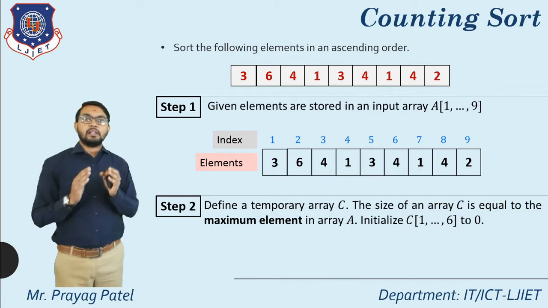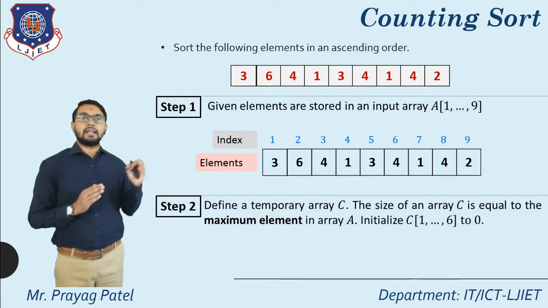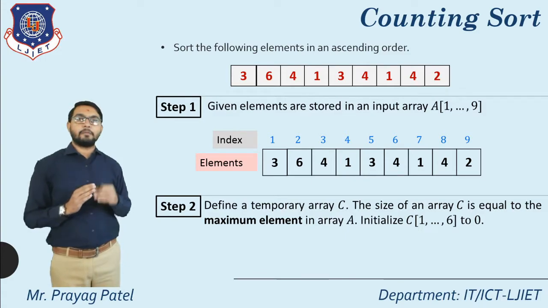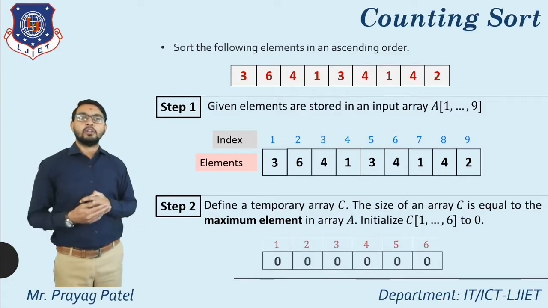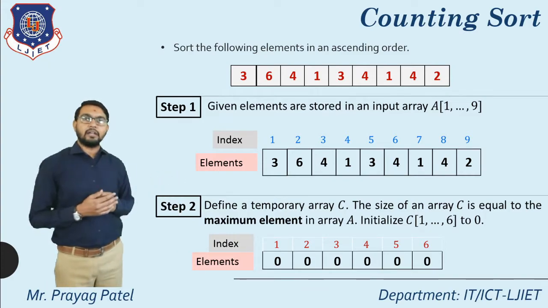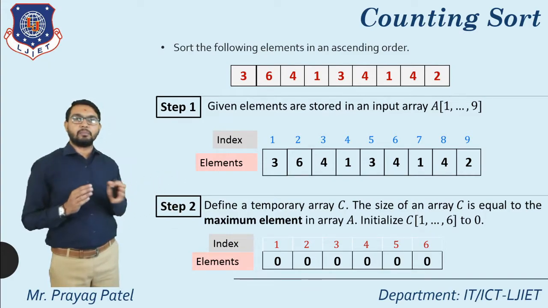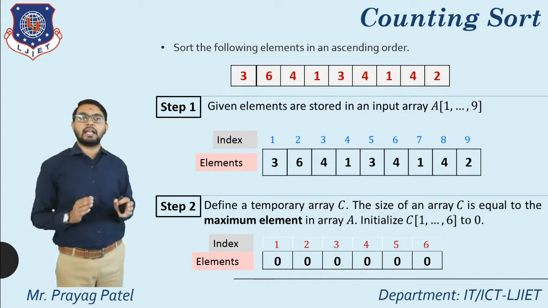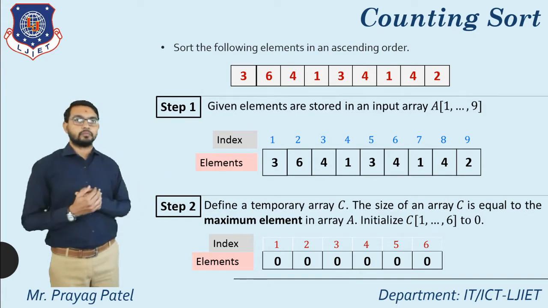So the size of array C is 6, from C of 1, C of 2, up to C of 6, and initially C of 1 to 6 are all set to 0. So array C has indices from 1 to 6, and initially all its elements are 0.